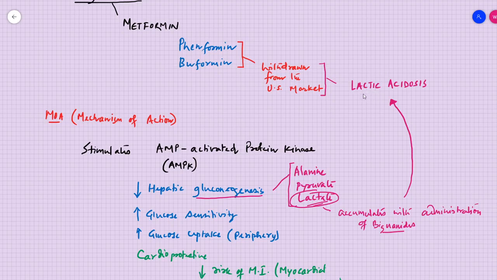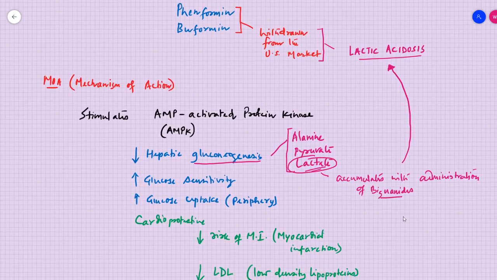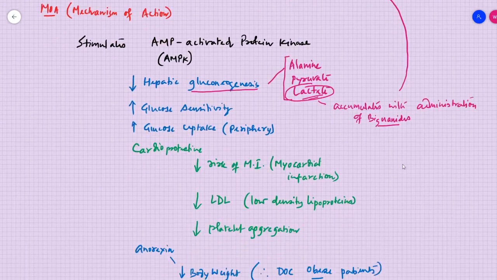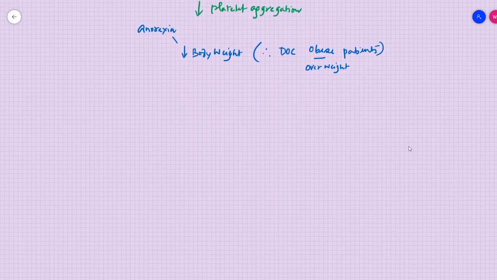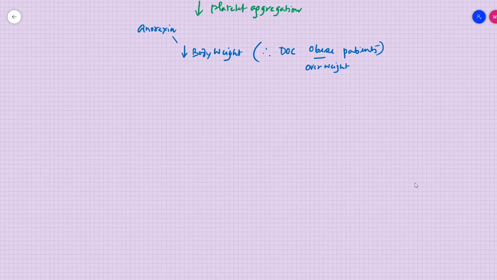So one of the possible adverse effects of metformin is lactic acidosis. Is it very common? No. But does it exist? Yes. So now we know why fenformin and buformin were withdrawn from the US market.